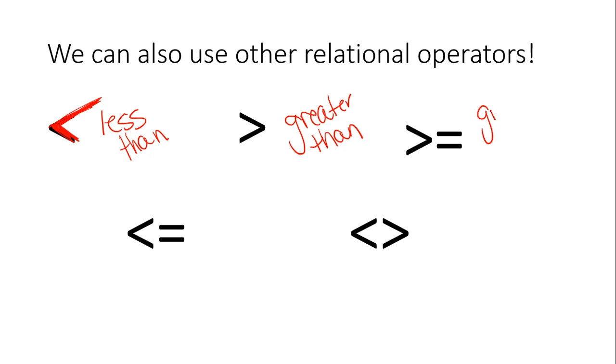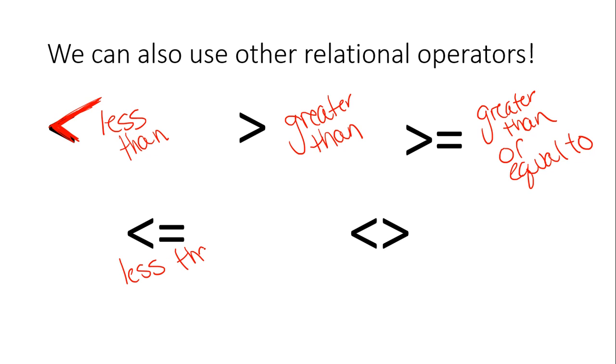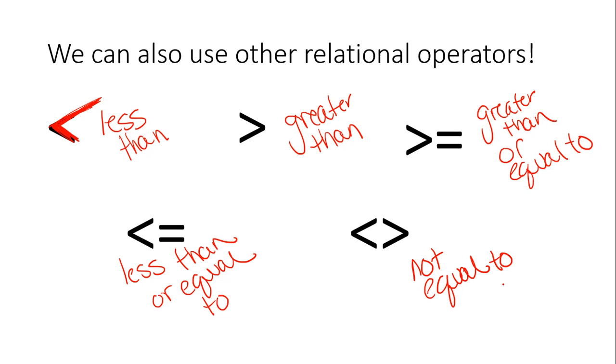This guy is greater than or equal to, right? Then this guy is less than or equal to. And then this guy, of course, is the not equal to sign for us.